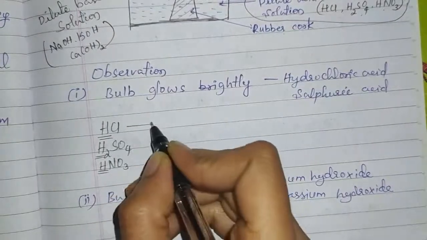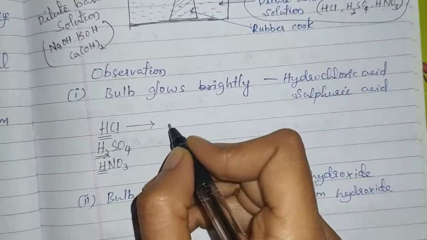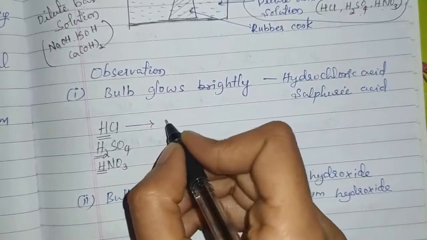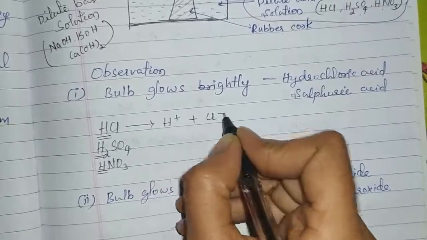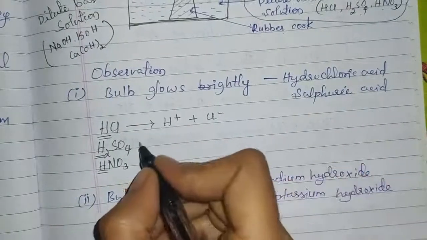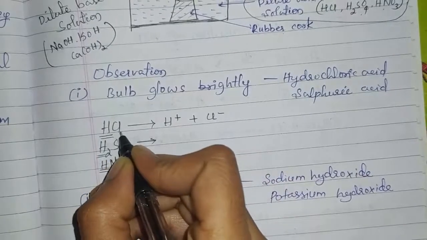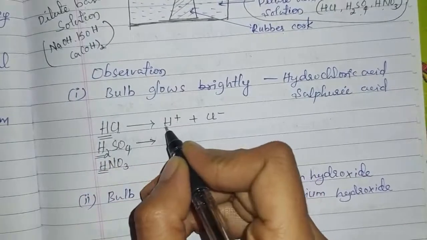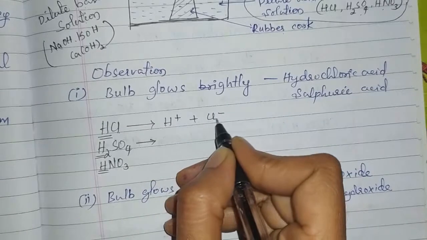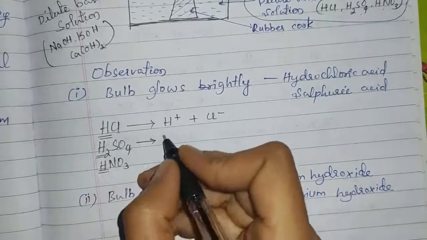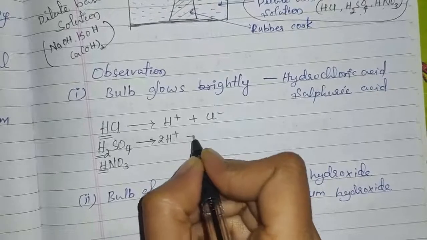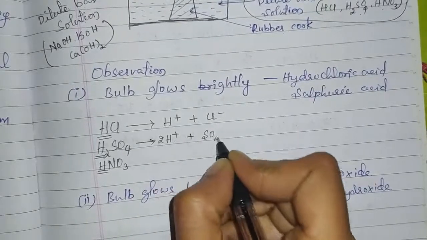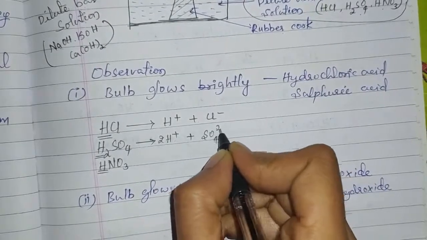These acids ionize and release H plus ions. Hydrochloric acid is ionized into H plus ion and Cl minus ion, and sulfuric acid ionizes into H plus ion and SO4 2 minus ion.